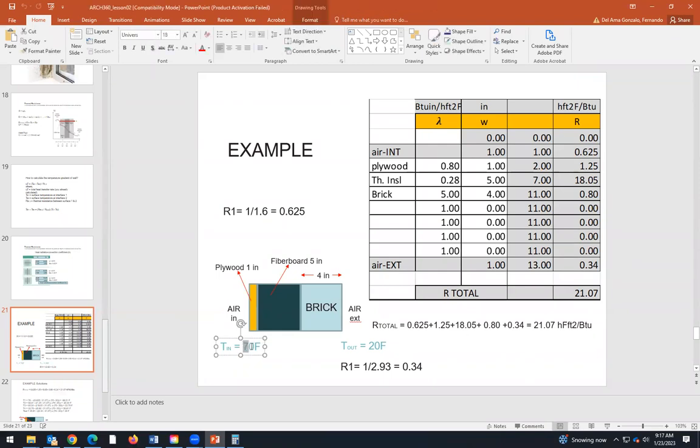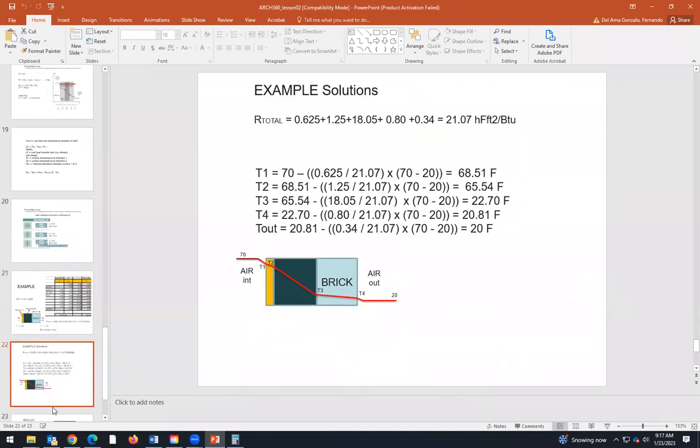Indoor temperature is 70, outdoor temperature is 20. So what's next? Look at this. The first temperature is 70. The last temperature is 20. So I have to calculate T1, 2, 3, and 4.